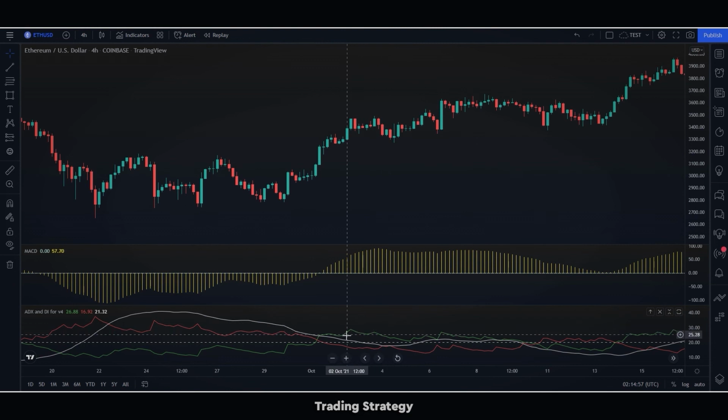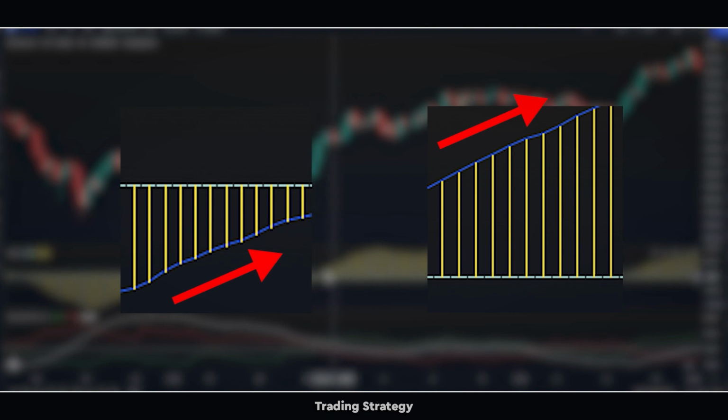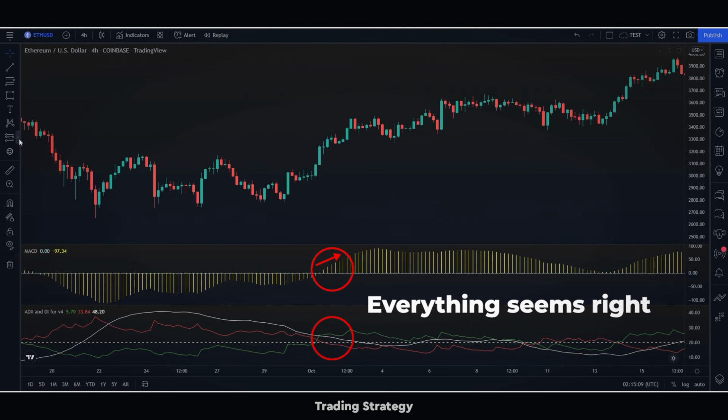We will buy if the ADX and plus DI lines are above 20 and the minus DI line is below 20. If this is true, we will see that the MACD has one of the following forms. If this is true, we will open a buy trade.